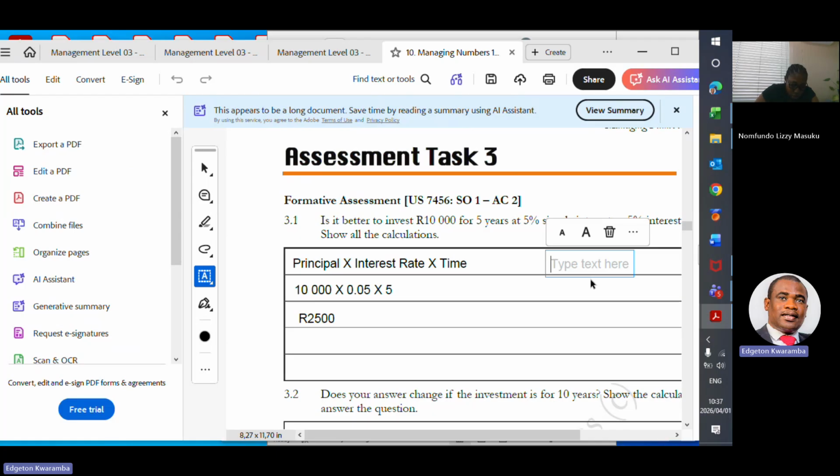But with compound interest, it's almost what loan sharks do. Say I give you 100 rand, and you are paying me back in 3 years' time, and let's say it's 10%. Year one, you were supposed to pay interest of 10 rand. So in year two, they are not just going to charge you 10 rand again, but they say you now owe me the 100 rand I lent you, plus the 10 rand interest you were supposed to pay me.